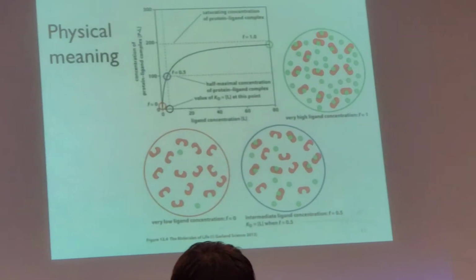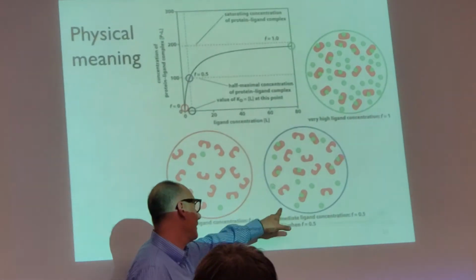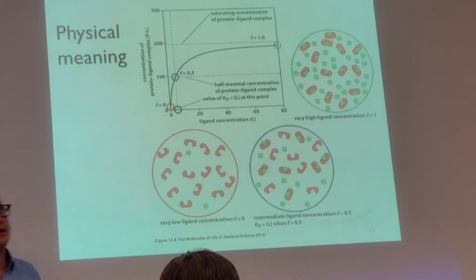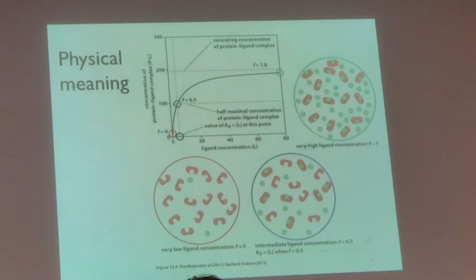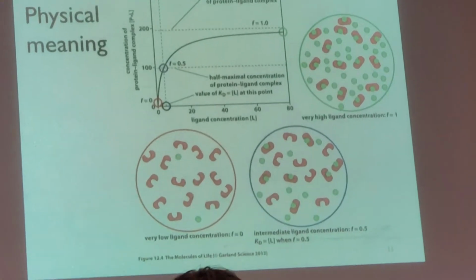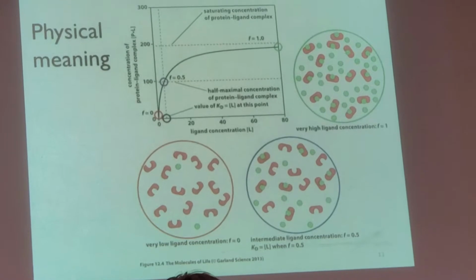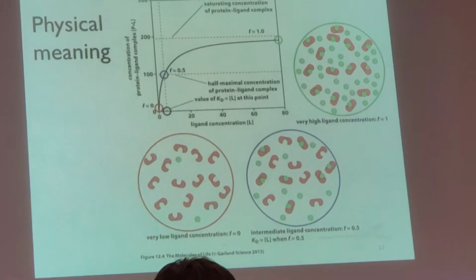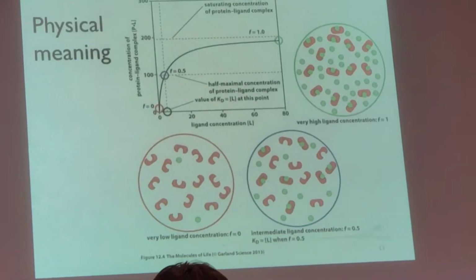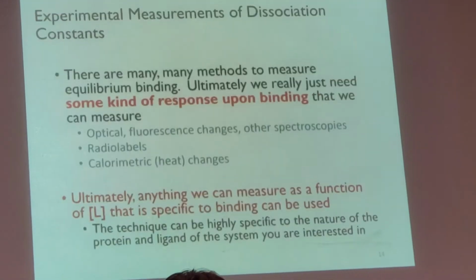The critical thing is where things are half bound. I could count the red blobs and how many have little green ligand blobs associated with them, but that should be 50-50 in numeric value. That's my dissociation constant. It's a useful term because it defines 50% fractional binding.